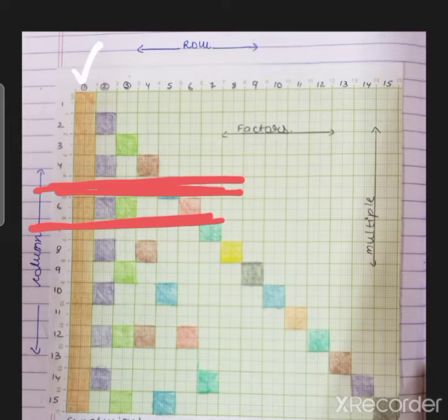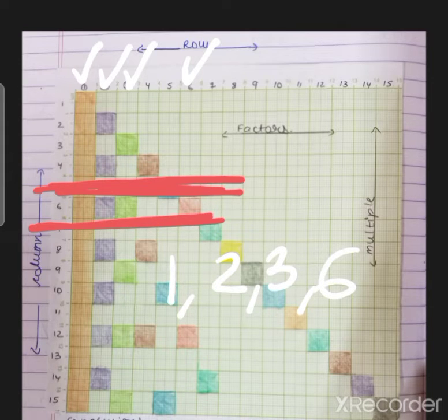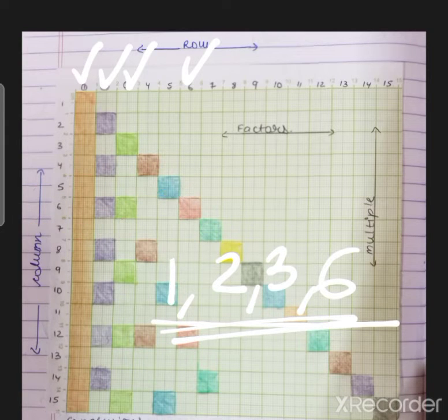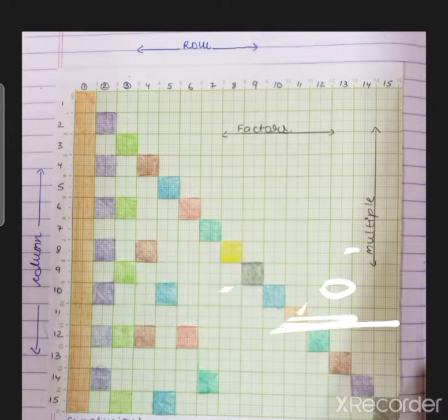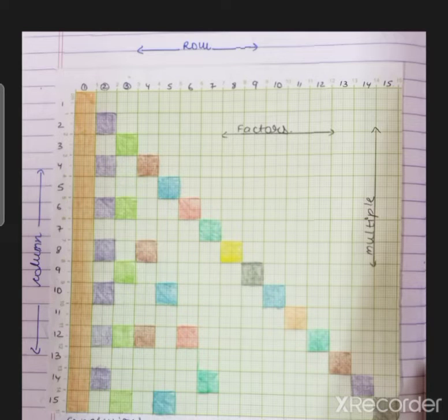You can see 1, then 2, then 3 is covered, and then 6. So what we can understand is that 1, 2, 3 and 6 are the factors of 6. Now let's see the seventh one. What are the factors of 7? Just check. The factors of 7 are 1 and 7.